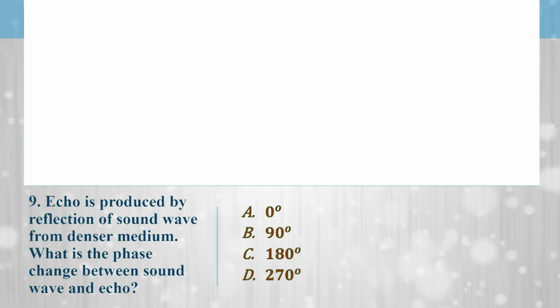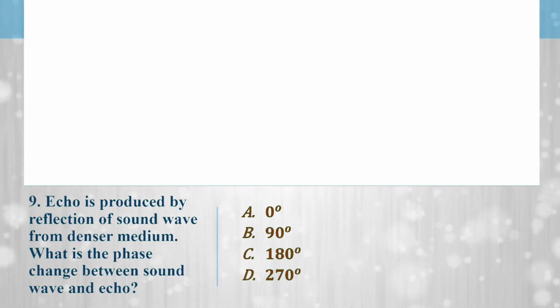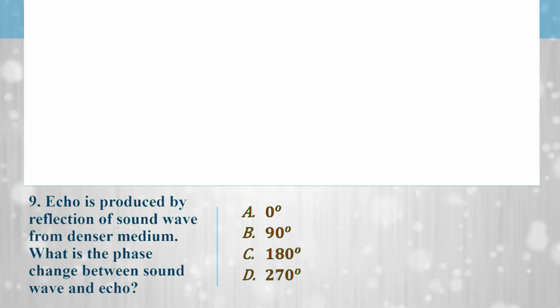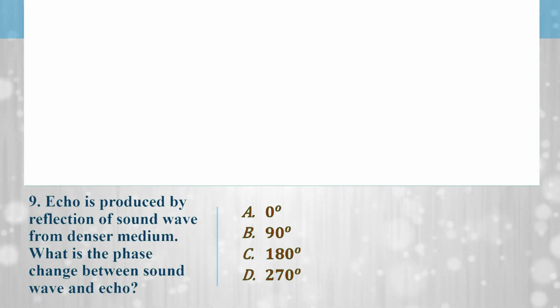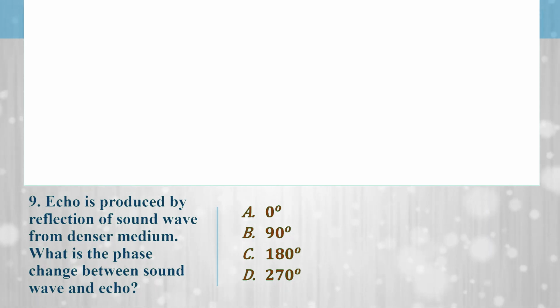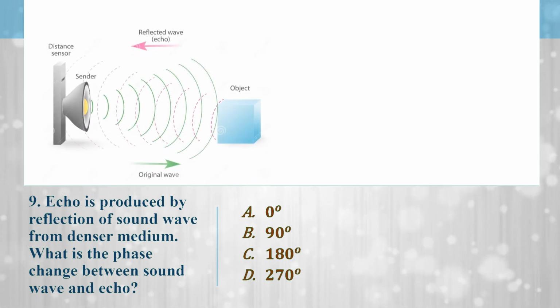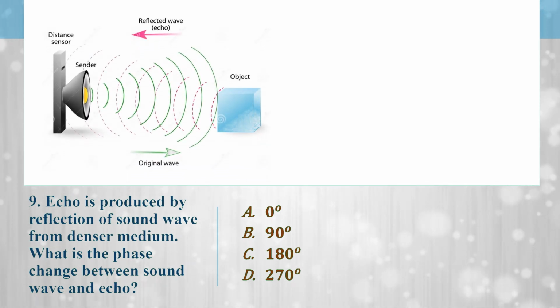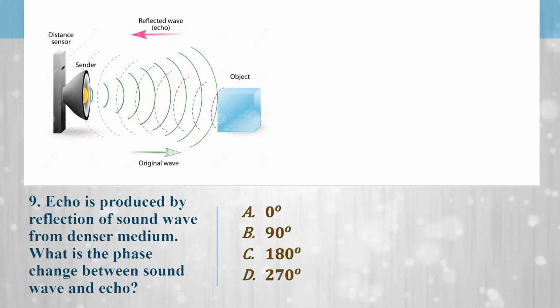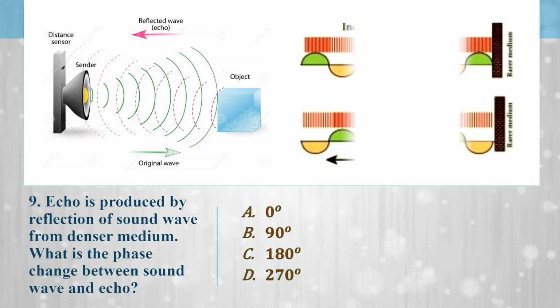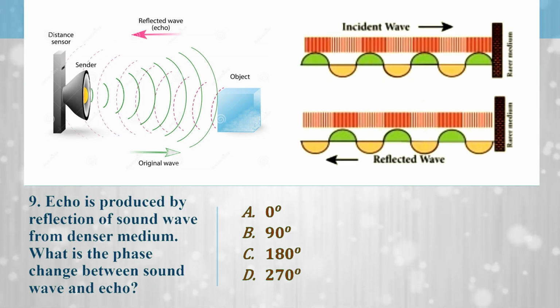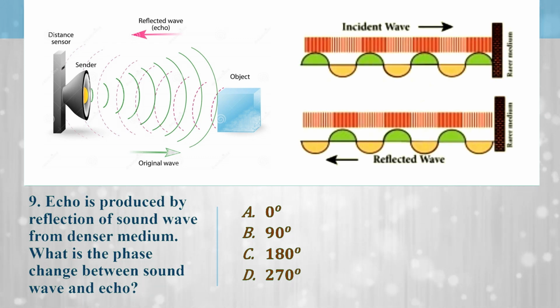Next MCQ: an echo is produced by reflection of a sound wave from a denser medium. What is the phase change between the sound wave and echo? Students, remember that a sound wave travels through a medium, for example air, and hits a denser medium like a wall. The sound wave is reflected back, creating an echo.